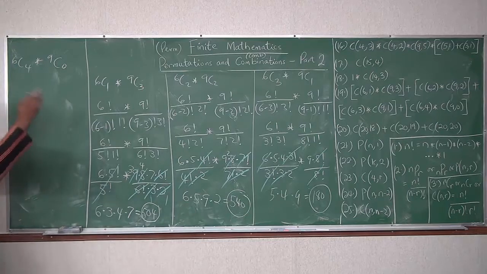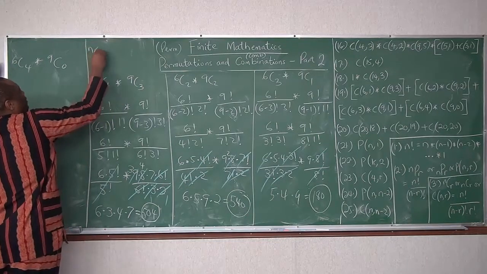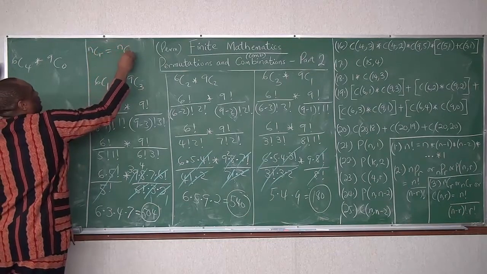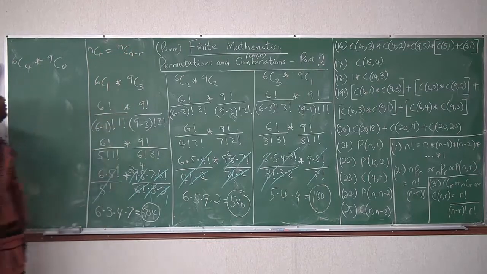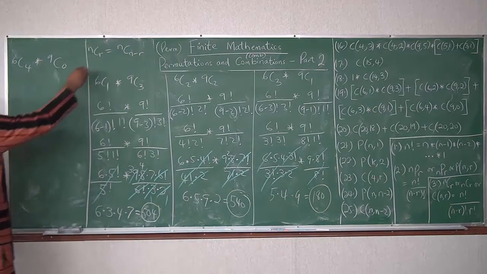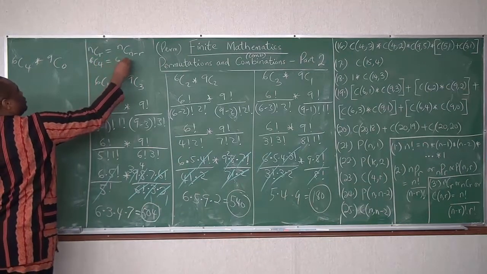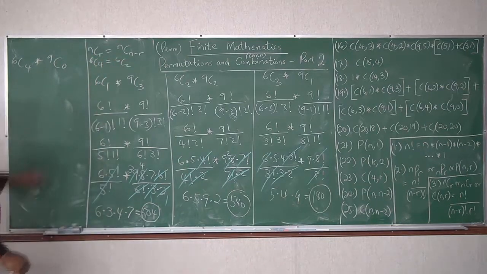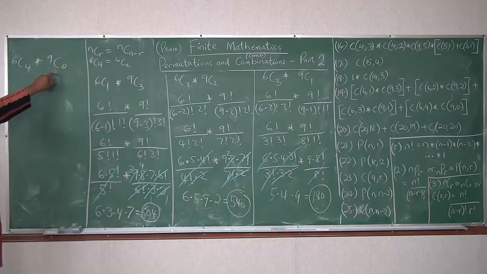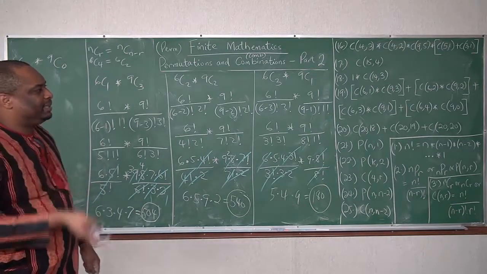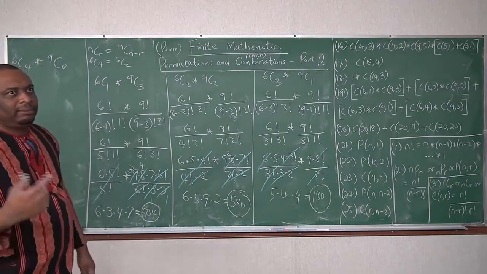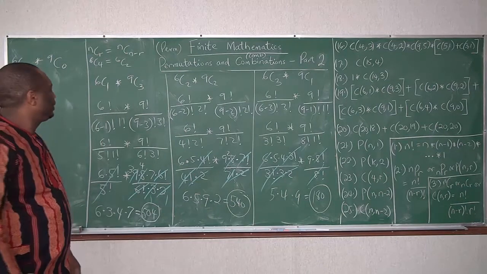Remember, in part 1, n come r is equal to n come n minus r. So 6 come 4 is the same thing as 6 come 2, and 9 come 0 is the same thing as 9 come 9, which is 1.